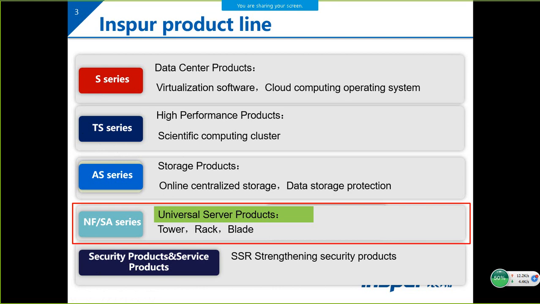Usually in your country, in the UK, the server should belong to the NF and SA series. For example, universal server products: Tower, Rack, and Blade. For this project, the servers should be Rack. And Rack is usually for 1U, 2U or 4U servers.